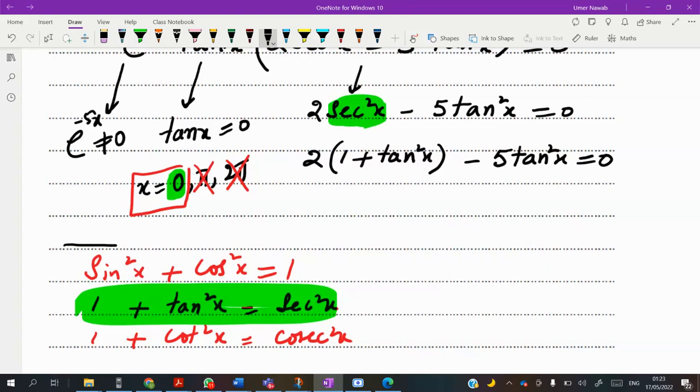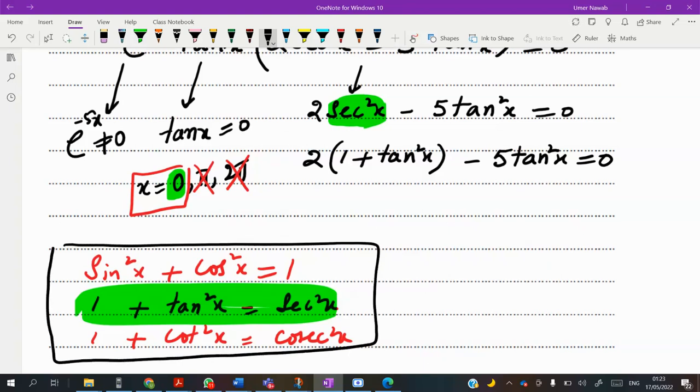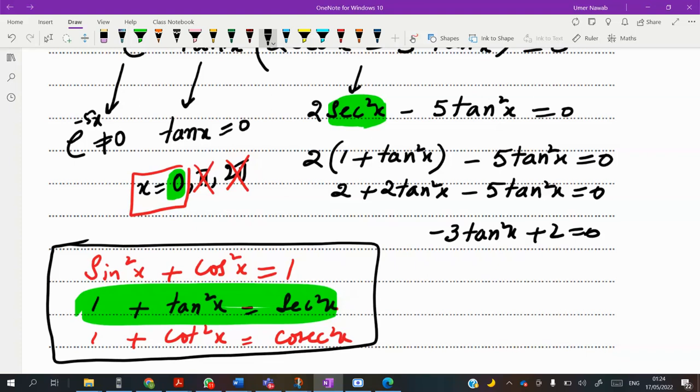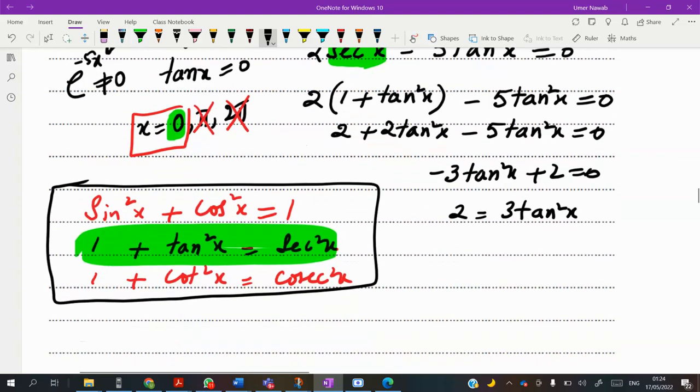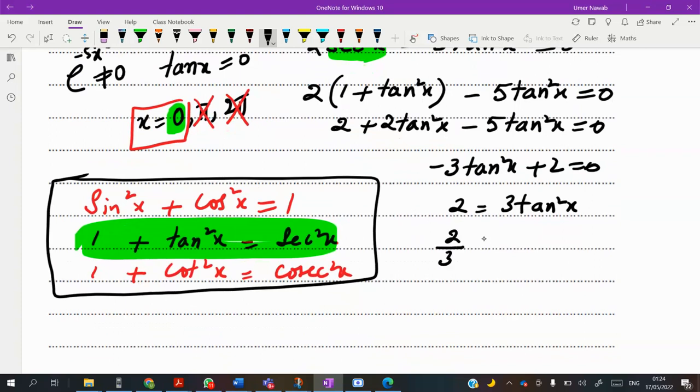Okay, so this is very important for you, the identities. Open the brackets. So 2 plus 2 tan squared of x minus 5 tan squared of x is equal to 0. So minus 3 tan squared of x plus 2 is equal to 0. 2 is equal to 3 tan squared of x. 2 over 3 is tan squared of x, and then put the square root.